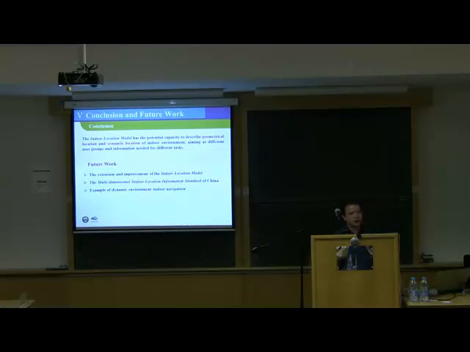Based on this indoor location model, we would like to improve the multi-dimensional indoor location information standard of China, and we will improve the example for dynamic environment indoor verification, such as a fire in a multi-layered building, and based on the dynamic environment in the building, we can compute the route dynamically in real time.